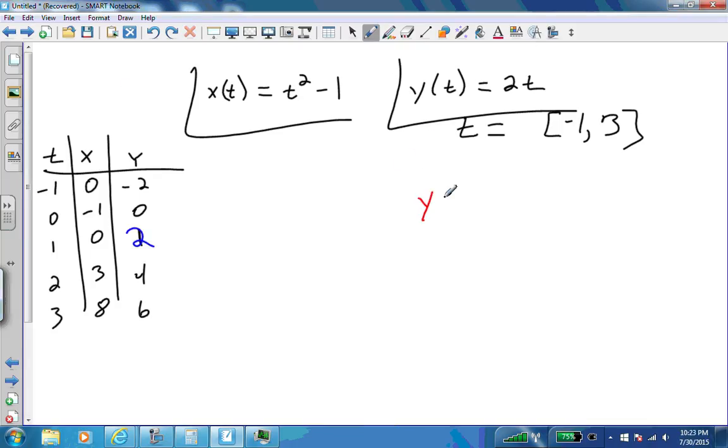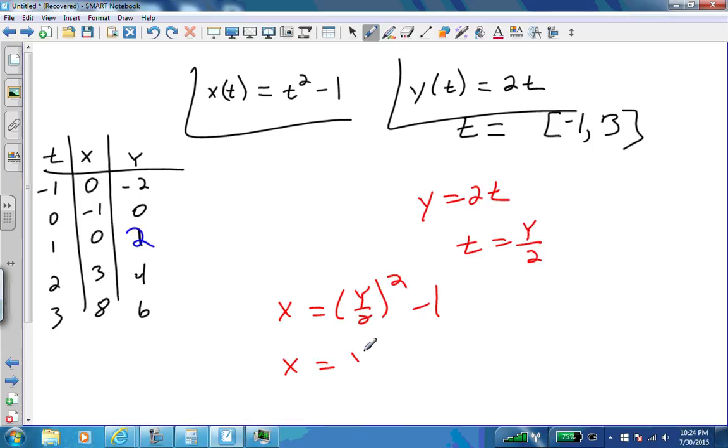If we take y equal to 2t and solve for t, t is y over 2. And then if we substitute that in for t here, we get y over 2 squared minus 1. So x is y squared over 4, or we could call that 1/4 y squared minus 1.